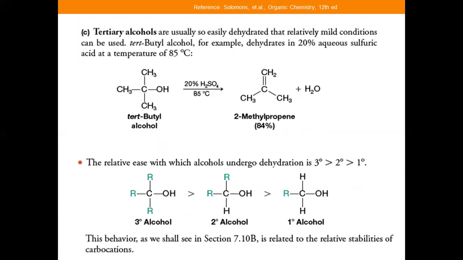For tertiary alcohol, the conditions are relatively milder than for secondary. If we use 85% phosphoric acid for the secondary, in the tertiary we use a milder condition like 20% sulfuric acid.